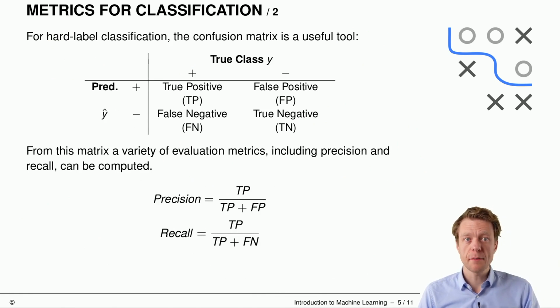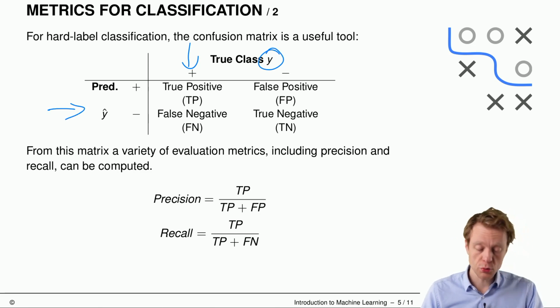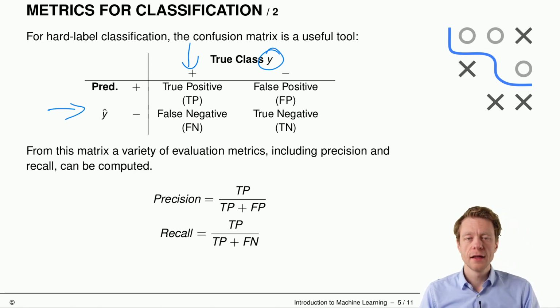Okay, and then some other metrics are based on the confusion matrix. You see here an example of the confusion matrix. In the columns you have the true class y, in the rows you have the predicted class y hat, and you can compute a really high number of conditional probabilities here.